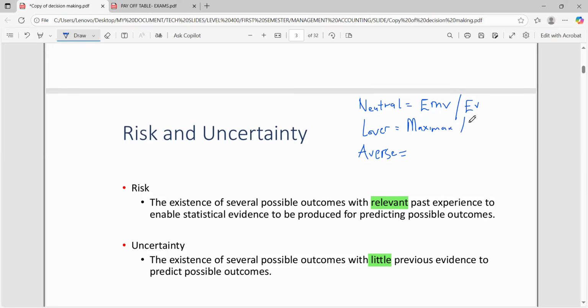If it is cost or losses, the person will be using minimum. So a risk lover is the same as someone who is optimistic. And a risk averse is someone who is pessimistic. He doesn't love risk, so pessimism.